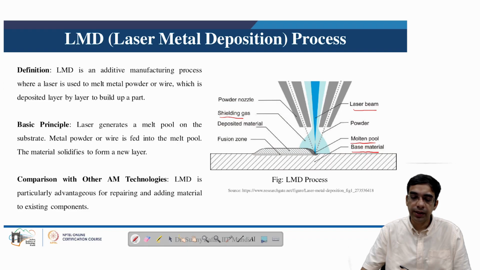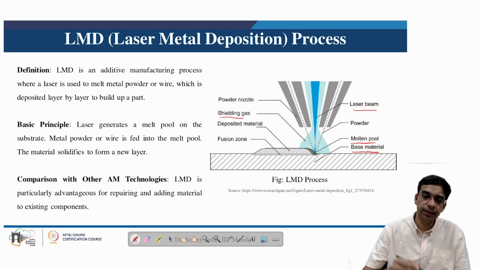If we compare the LMD process with other additive manufacturing technologies, it is particularly advantageous for repairing and adding material to an existing component. With this technology, we can add material to the existing component and repair whatever defects or cracks have been generated.